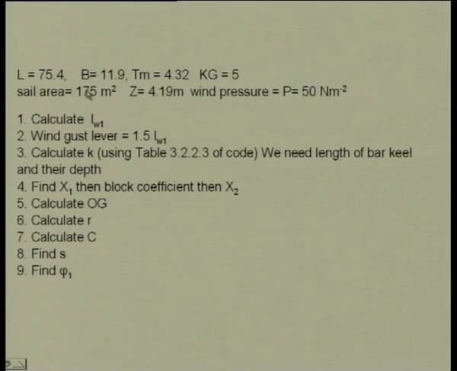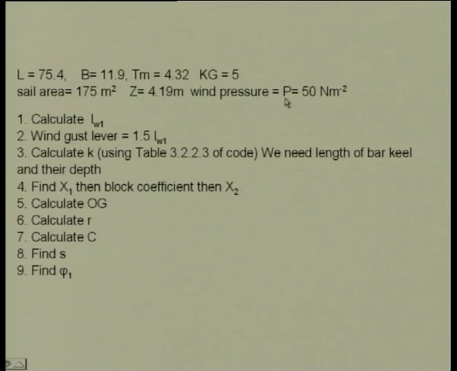You are given the sail area 175 meters square, Z, which we have already defined, the distance between the centroid of the sail area and the midpoint of the draft, the half draft point, given as 4.19, and the wind pressure is P equal to 50 Newton per meter square. So, this is a particular case.